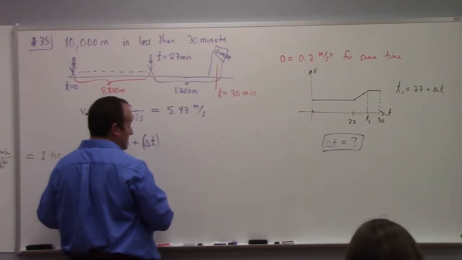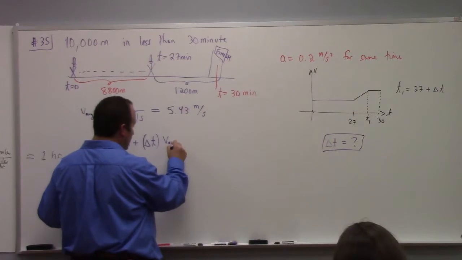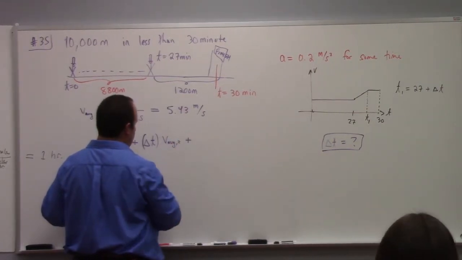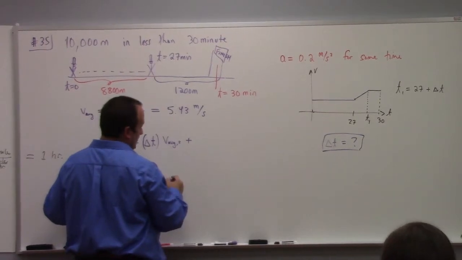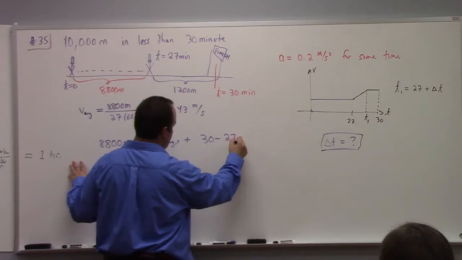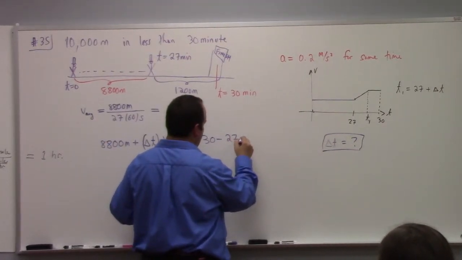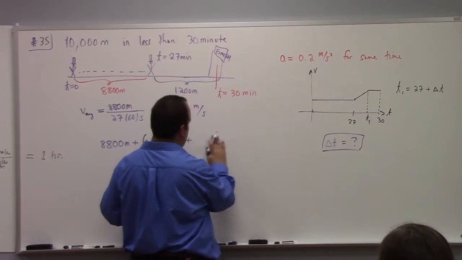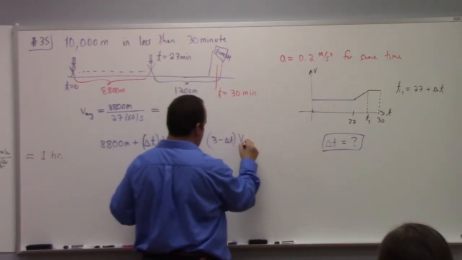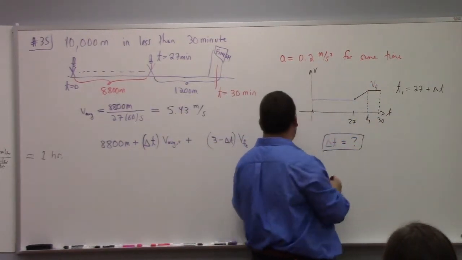Sometimes you have to write things down with partial information and see how it works out. And then V average 2, and then plus 30 minus 27. Well, really, just 3. Let me get to the point here. 3 minus delta t times the second final velocity. So the VF2 is this velocity here, whatever that is.